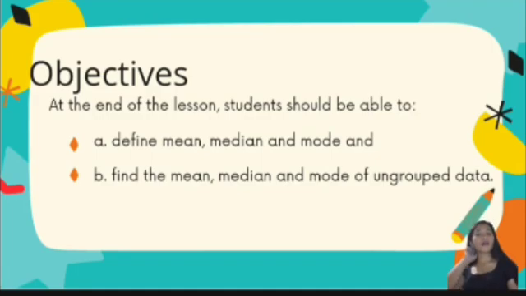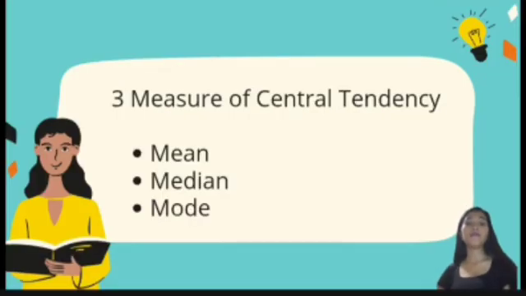Our objectives are, at the end of the lesson, students should be able to define mean, median, and mode, and find the median and mode of ungrouped data. We have three measures of central tendency of ungrouped data, which are the mean, median, and mode.